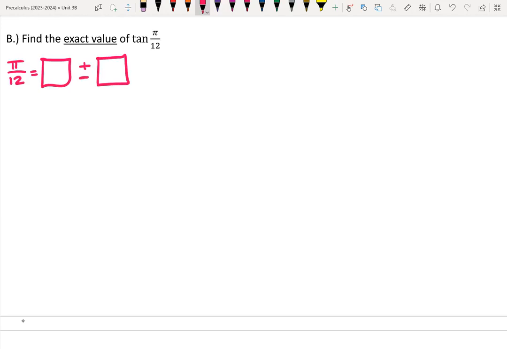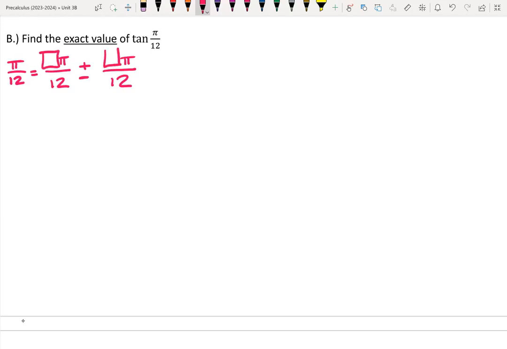Let's think about this a little bit more. Both of these are going to be fractions. Let's go ahead and put both of them with a denominator of 12, because to add or subtract, we need common denominators. So we're just going to go ahead and do that. And I'm going to put pi on the top for each of these.